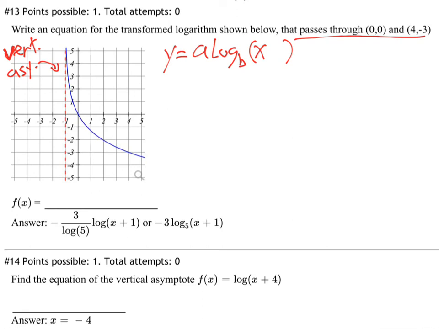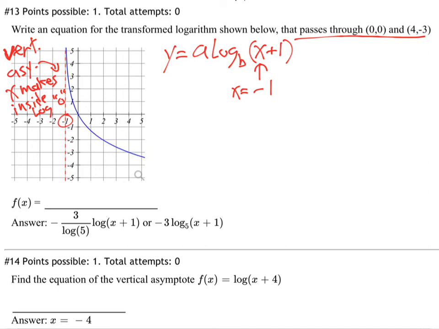It's whatever x makes the inside of the log 0. So this is going to be x plus 1, because x equals -1 makes the inside 0, and that's where the vertical asymptote line is.